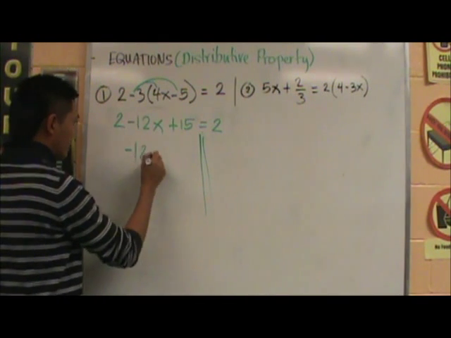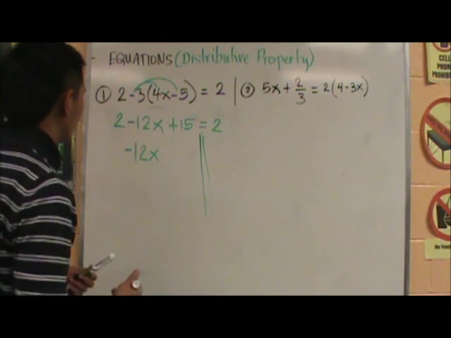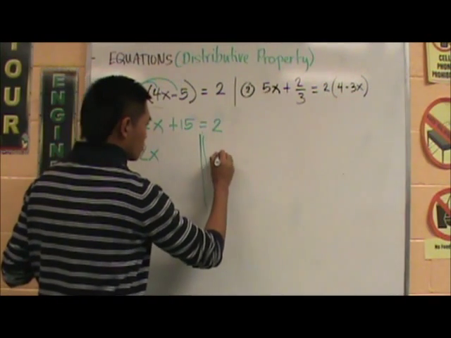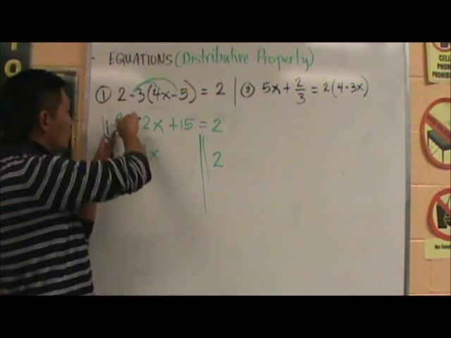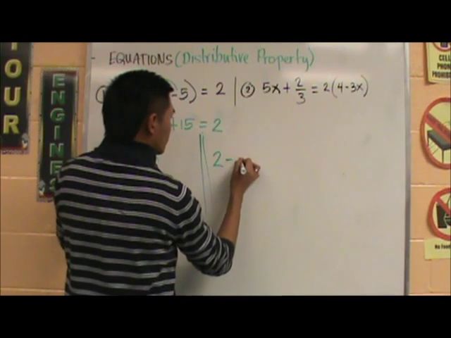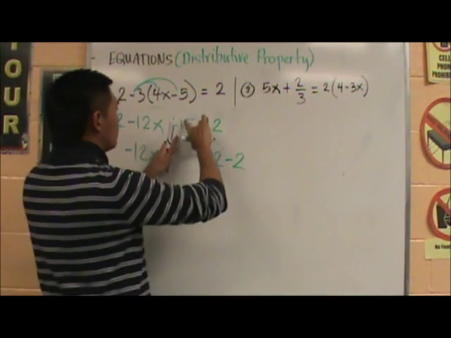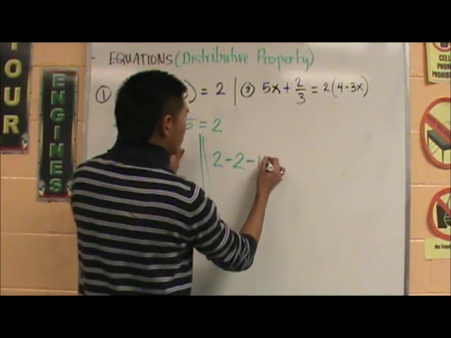And again, it's negative, so I'm keeping it negative 12. And then the 2 moves over and becomes negative 2, 15 moves over and becomes negative 15.